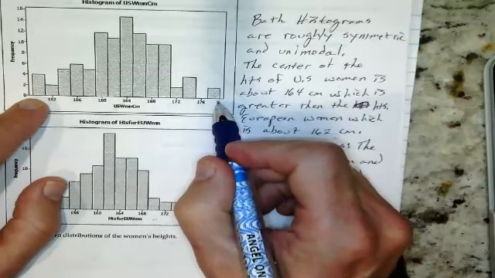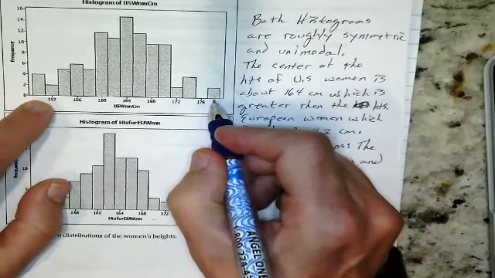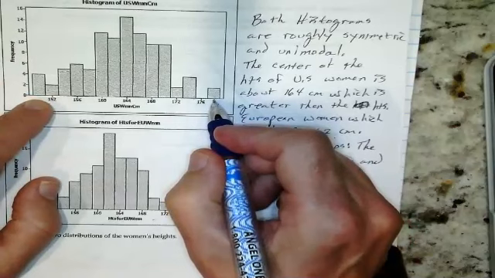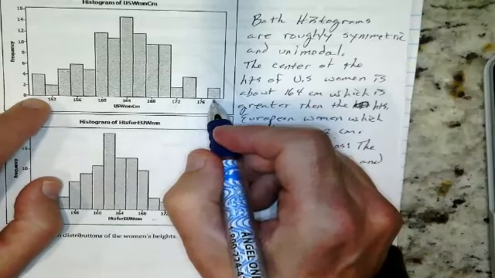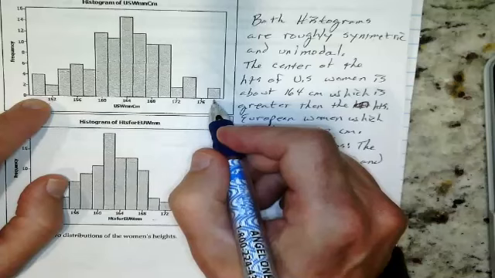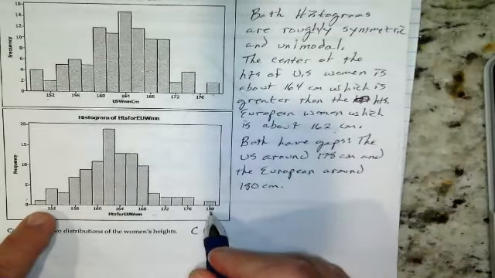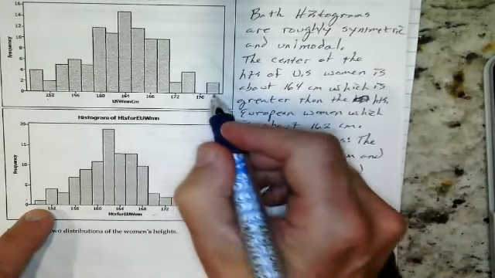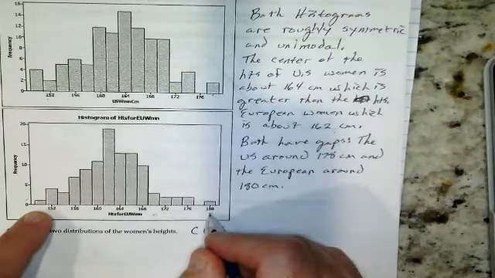So we'll say about, we go from 180 to 150, that's 30 centimeters. Okay, but this doesn't have 150. So we can say, yeah, that's 150, 149. So we can say the European women had a spread of about 30 centimeters, where this one has a spread, no, this is 178, sorry, about 28 centimeters.